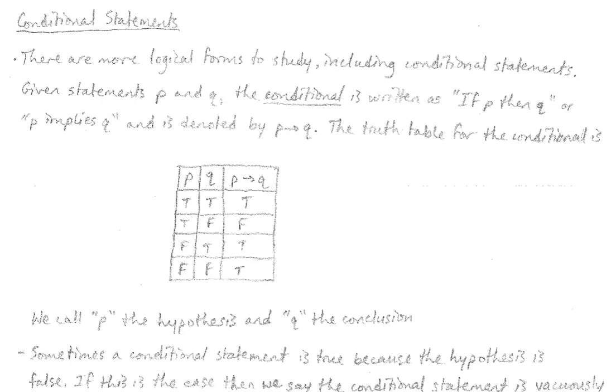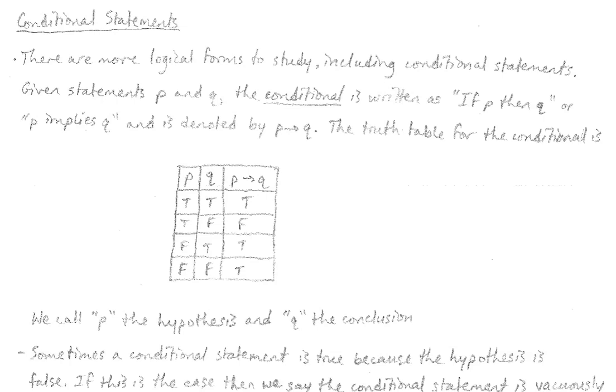We talked about the not, the and, and the or operators, also known as the negation, conjunction, and the disjunction. Well, in this video, we're going to talk about the conditional statement, the conditional operator as well.